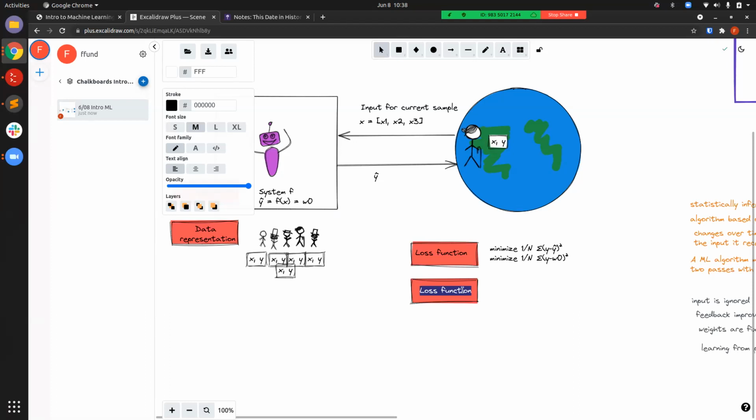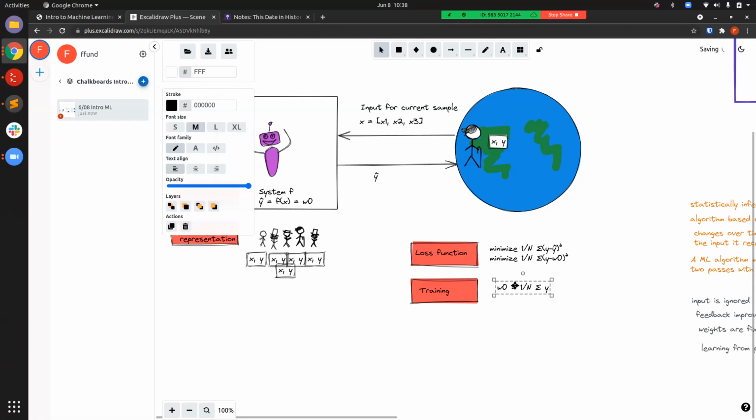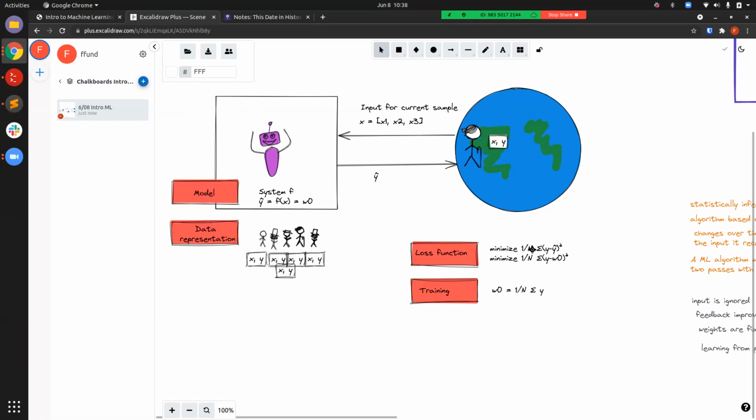The process of finding the W0 that minimizes the loss is called training. So I'm going to use a training algorithm to minimize the loss. I'm not going to tell you why now, but in practice, the training algorithm should find that the value that minimizes the loss according to the function is just the mean of the y's in the data.